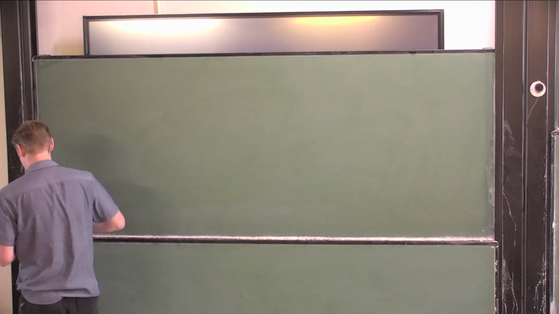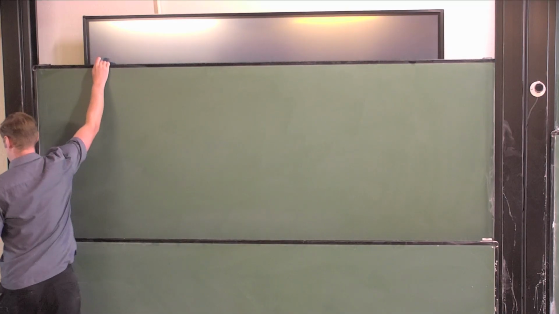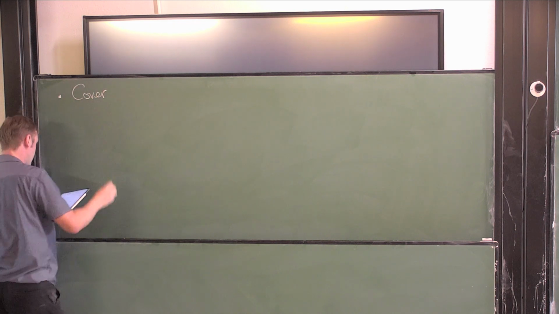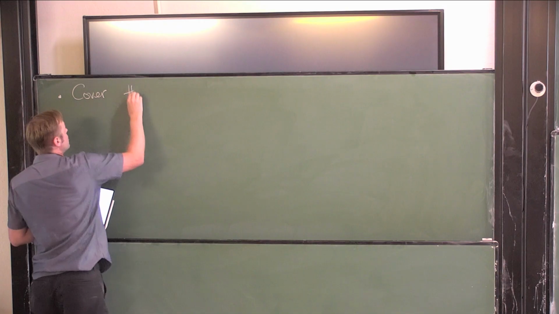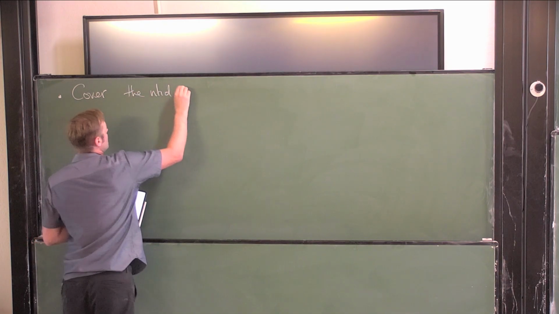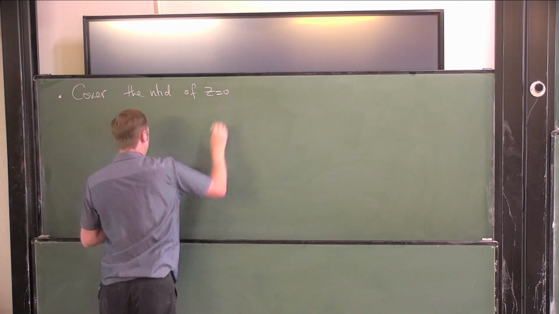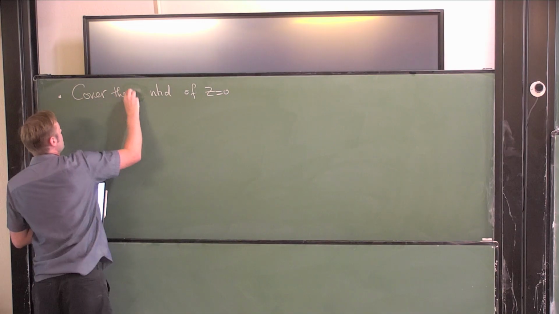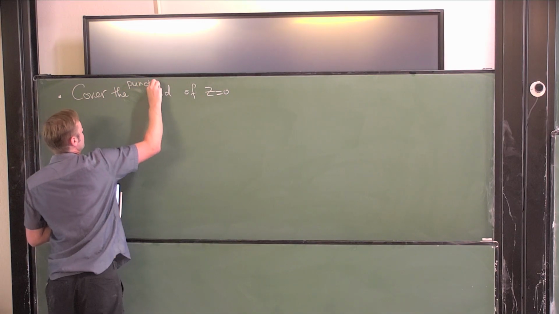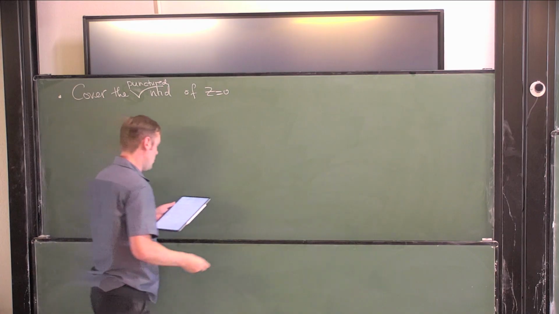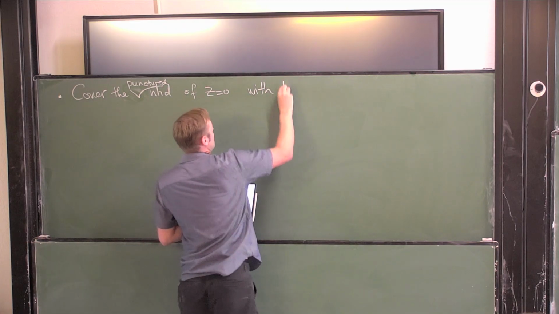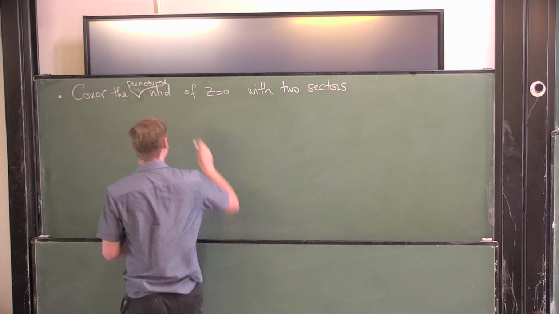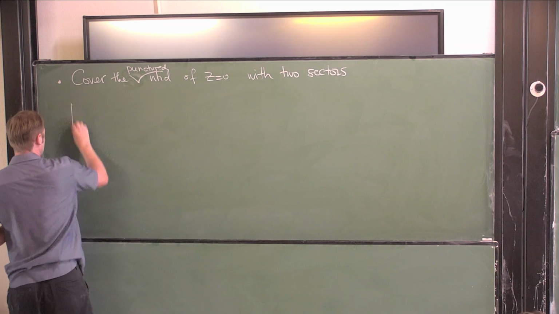So now what I will do is cover the neighborhood of the origin, maybe the punctured neighborhood of the origin, with two sectors. Let me draw a picture.